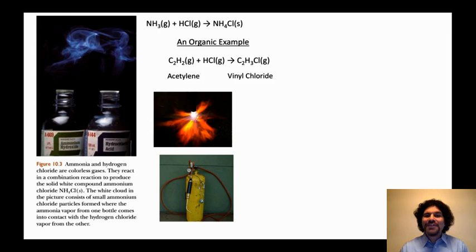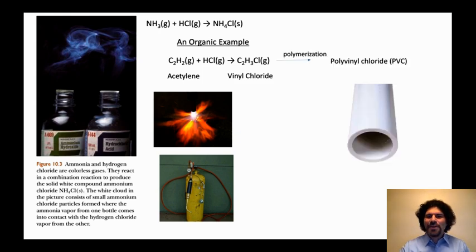Now, you may not have heard of vinyl chloride, but you have probably heard of polyvinyl chloride. So if you subject vinyl chloride to a polymerization process involving what are known as free radicals, you then get PVC. And of course, PVC pipe is used in most modern plumbing fixtures.